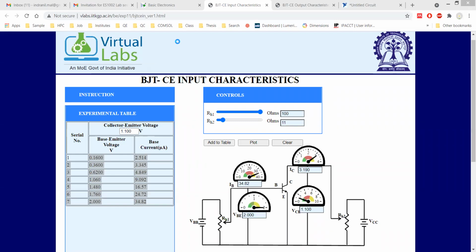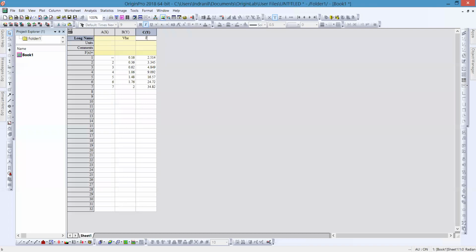So this is the voltage VBE, and this is IB. We can see only the VLAB screen. Oh, okay. Thank you. Yeah, now it is visible. Yes, sir.